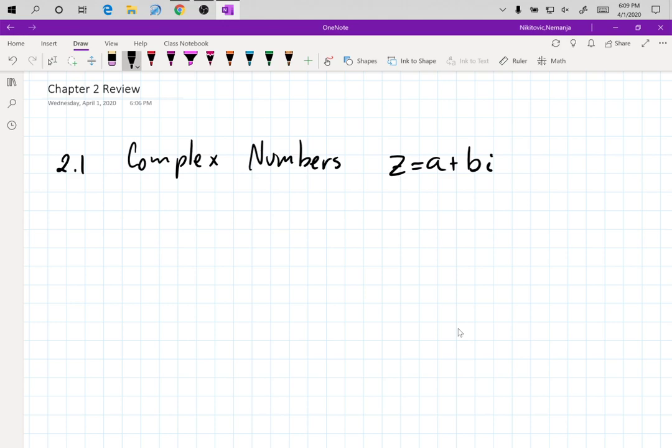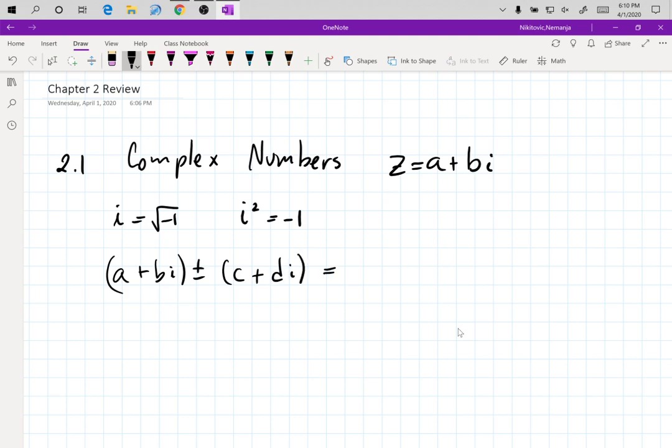We had complex conjugate pairs for roots for polynomials of various degrees, and we need to know just basics, right, for complex numbers, like i is the square root of -1, i squared is -1. We need to know to add and subtract two complex numbers, and we do that by working on reals, right?